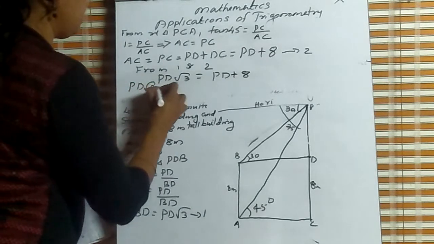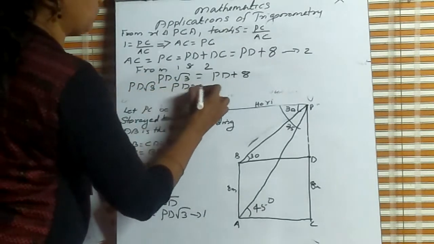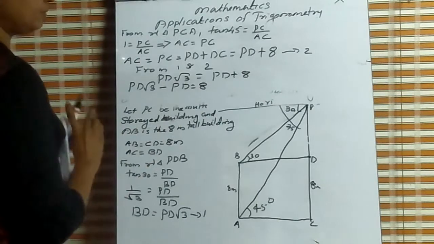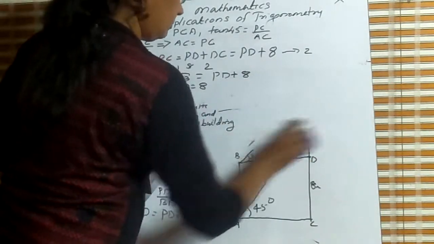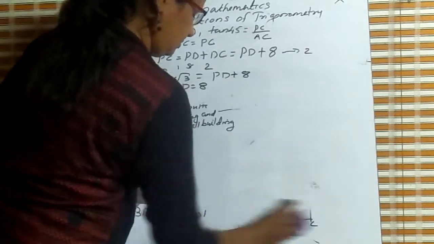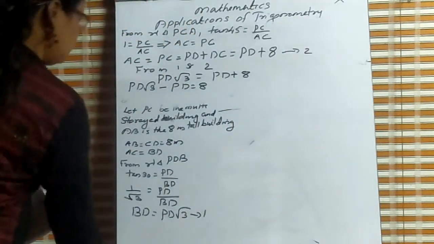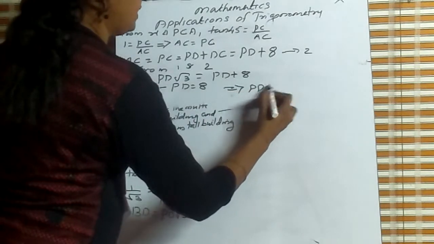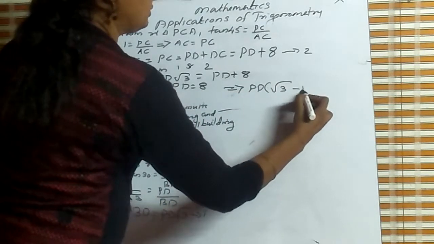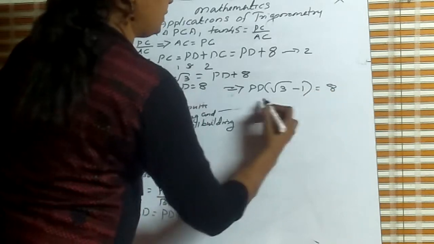PD root 3 minus PD is equal to 8. Taking PD common outside, PD times root 3 minus 1 is equal to 8.